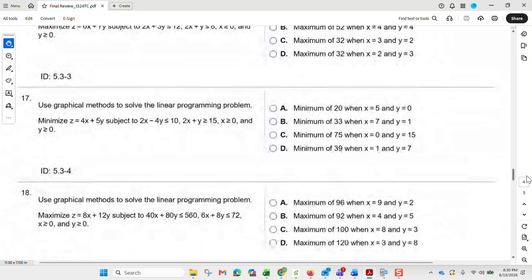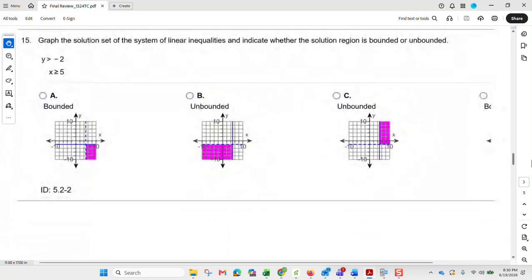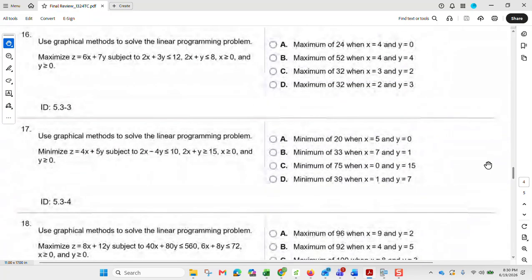Okay. All right. So why are we using this graph? Because we want to solve this kind of problem in here. Okay. We want to find a minimum or maximum for the problem. So using the graphing method to solve the linear programming problem, the linear programming problem is very useful, right, in business.